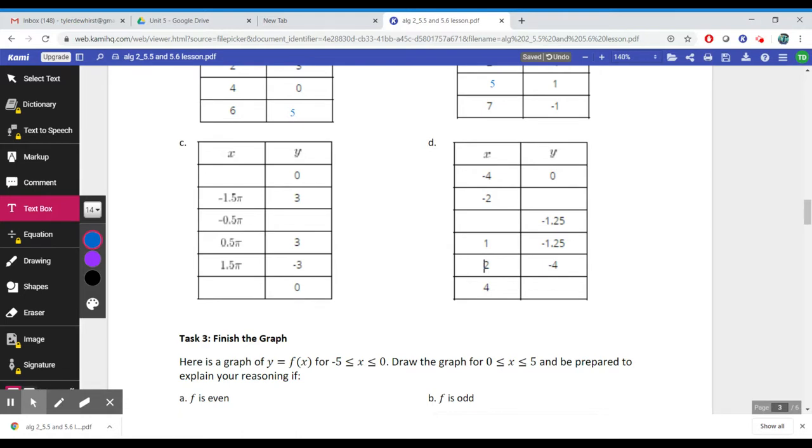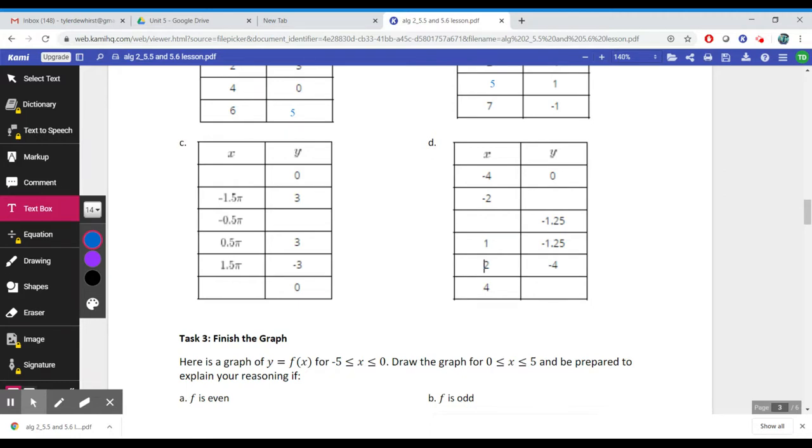Next, we'll take a look at part C together. I think that C is going to represent an even function because we can look at the, oh, sorry, I lied. C is actually an odd function. If we look at when we input -1.5 pi, our output is 3. When we input +1.5 pi, our output is -3.